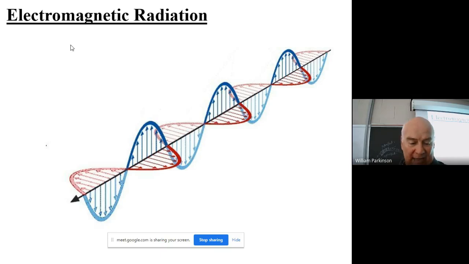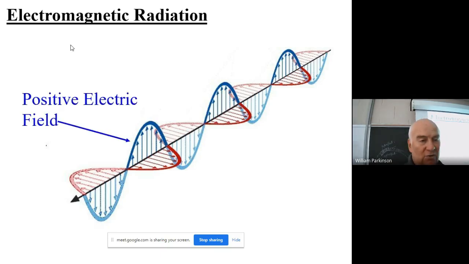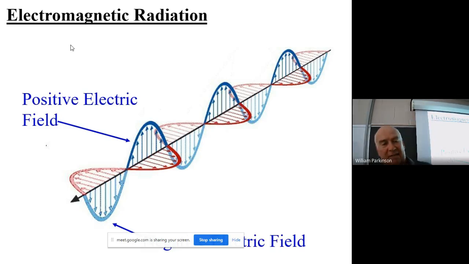So as electromagnetic radiation goes through space, I have a positive electric and then a negative electric and then a positive electric, and then a negative electric. That's an oscillating so-called electric field. As that is being generated simultaneously, I have a generated magnetic and another generated magnetic.